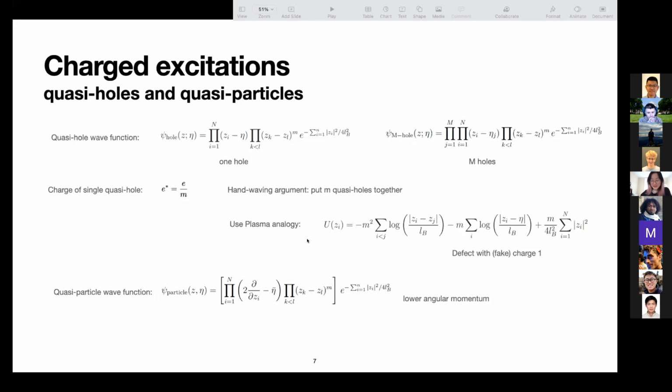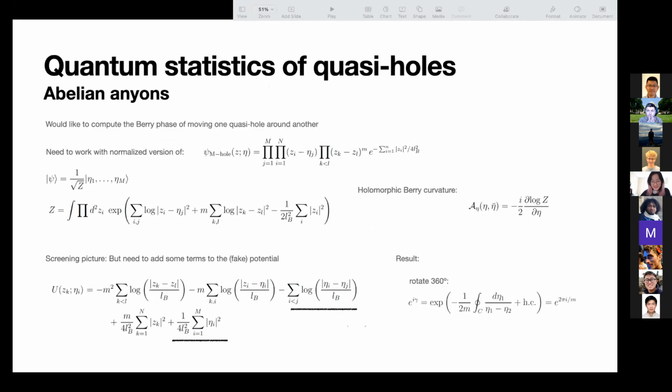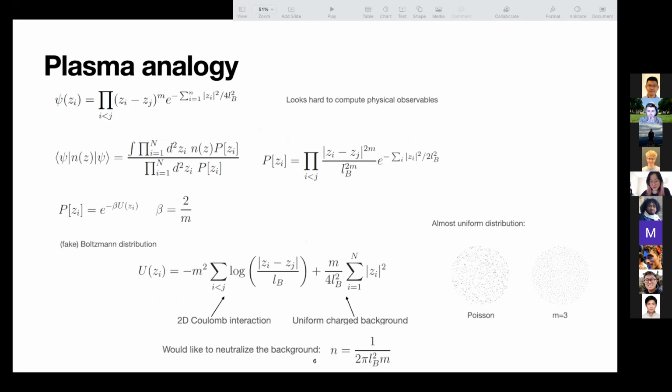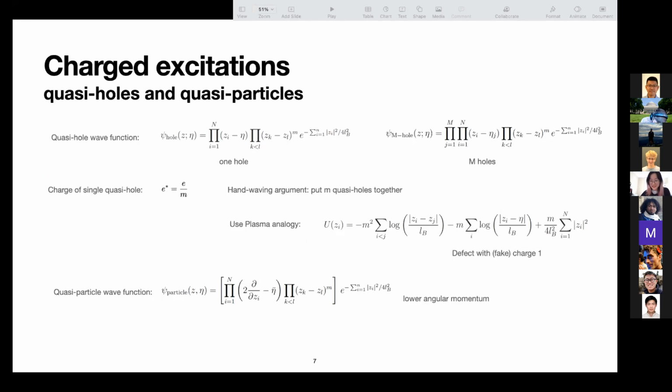So in the spirit of guessing wave functions, we can just guess the quasi-hole wave function. People propose this to be the wave function of one hole at position eta.